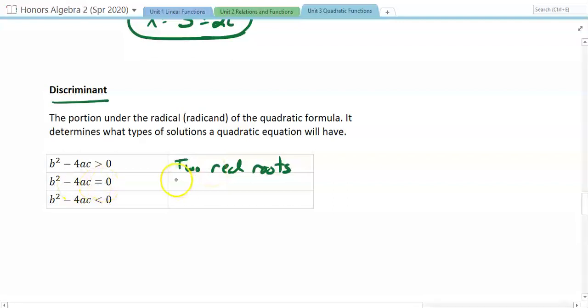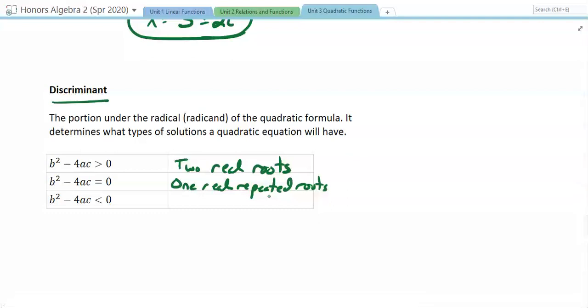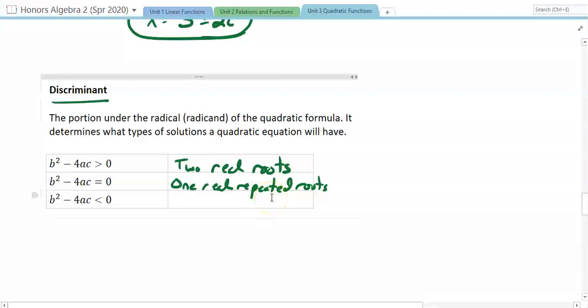If it is equal to 0, we will get one real repeated root. And I'm stressing this repeated part because in later chapters, we're going to talk about the fundamental theorem of algebra, and that is going to cause us to talk about the number of roots that we have.